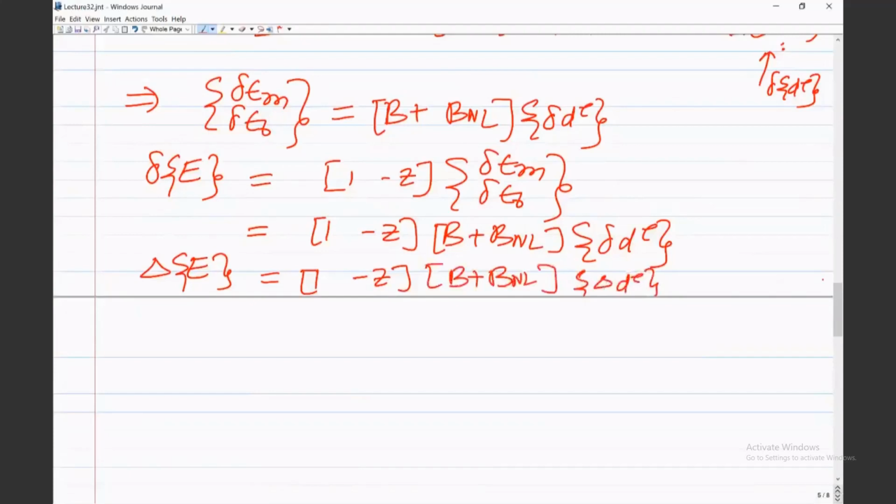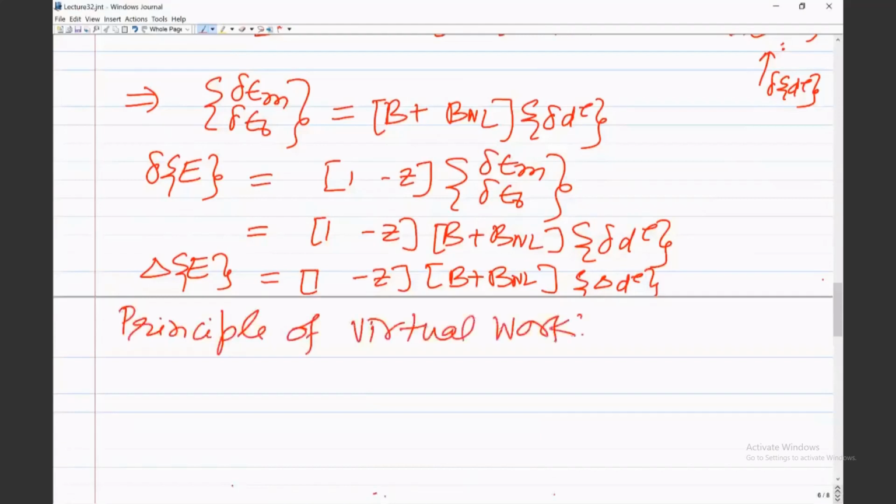Now we want to develop the element level governing equation. So let me start with the principle of virtual work. Although you can start from what we have derived for the general case, I am starting with the principle of virtual work.